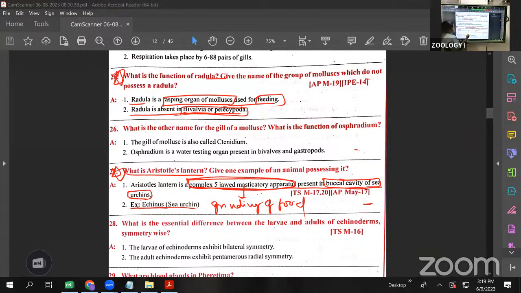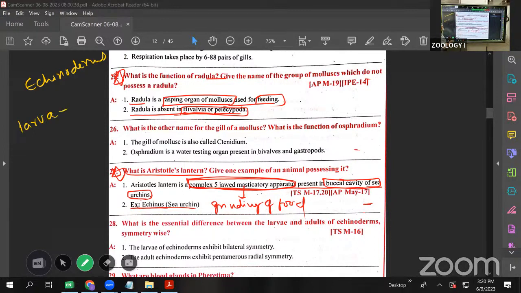What is the essential difference between the larvae and adults of echinodermata, symmetry wise? Normally, echinoderm adults have pentaradial symmetry and the larvae have bilateral symmetry. The larva has which type of symmetry?